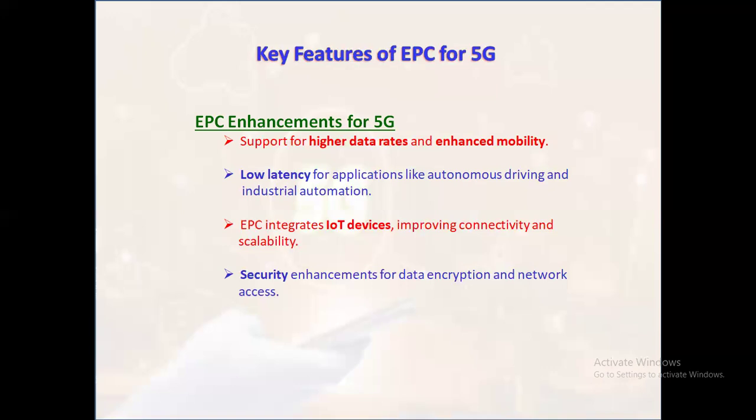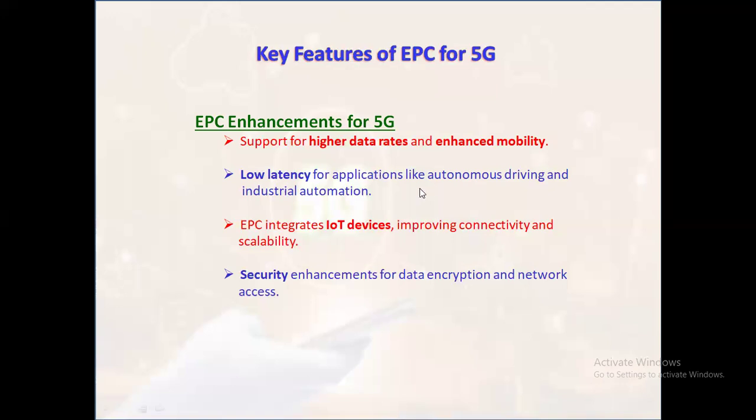EPC's low-latency capabilities are crucial for real-time applications like autonomous vehicles, which require instant data transmission to ensure safety and reliability. This is a very, very important property. Similarly, industrial automation, including robotics and smart factories, benefits from near-instantaneous communication between devices, which is essential for efficient and precise operations in critical environments.